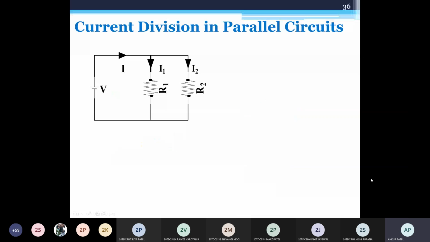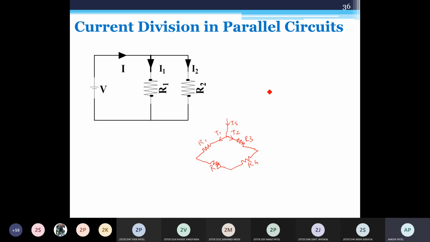I am giving one example. Suppose I am having a circuit like this. This is R1, R2, R3, R4.